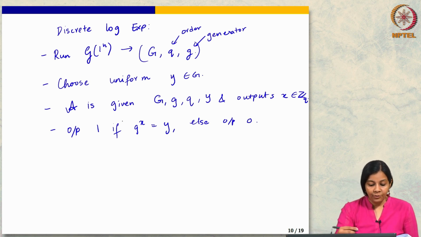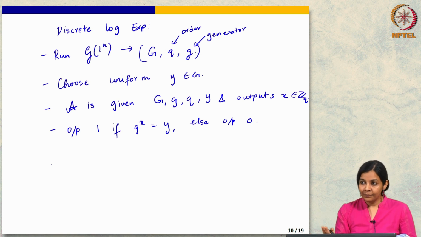Okay, so, as usual we say that the discrete log problem is hard relative to a given group if for any PPT adversary A given, I am not writing it out in longhand this time. It is exactly as we have written before. So, the discrete logarithm problem is hard relative to a given group generation algorithm if for any PPT algorithm A who is given G, q and small g the generator as well as a y, right.